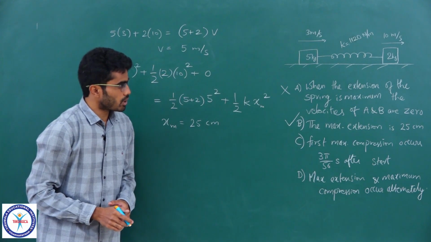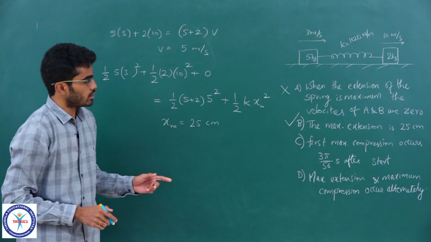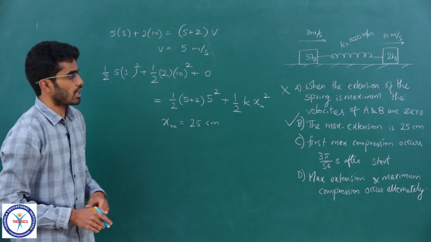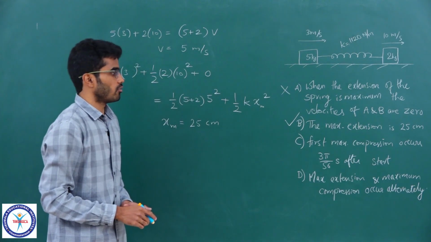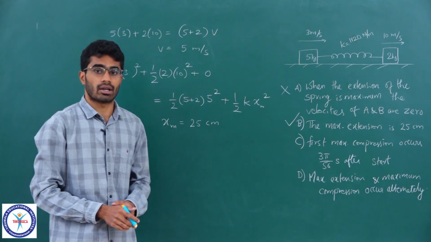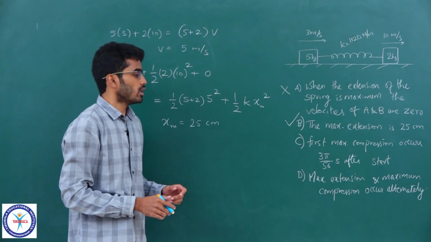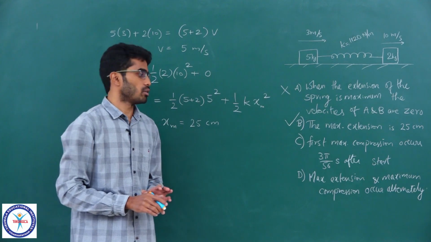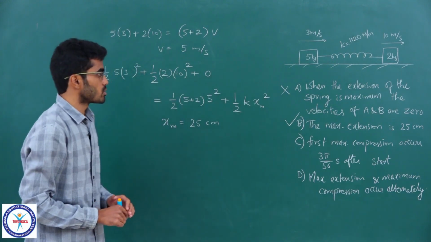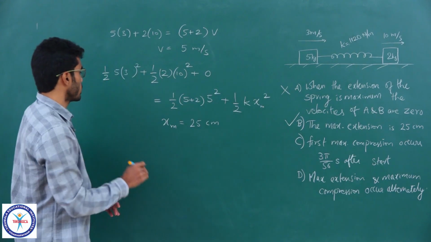The first maximum compression occurs 3 pi by 56 seconds after start. So, how do you estimate the time? When does the compression occur or when does the elongation occur? Such kind of things can be solved easily by making use of the center of mass frame. So, let us look at the system in the center of mass frame.